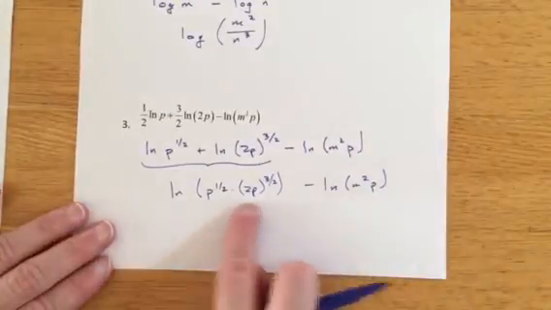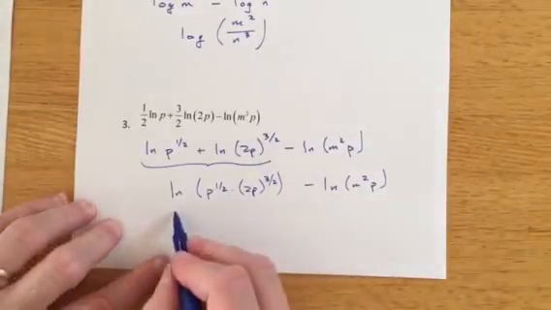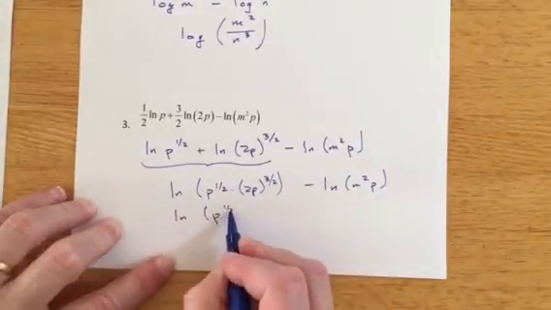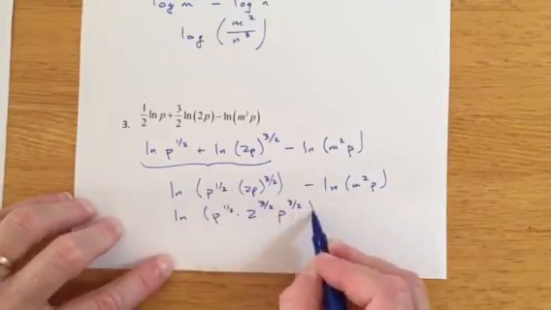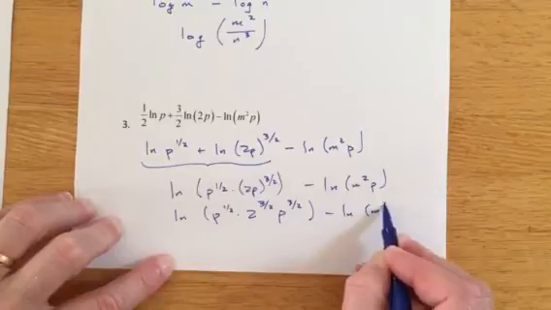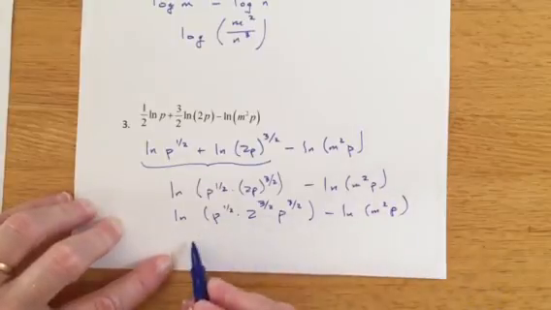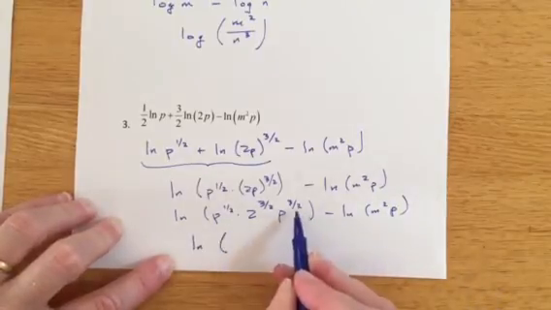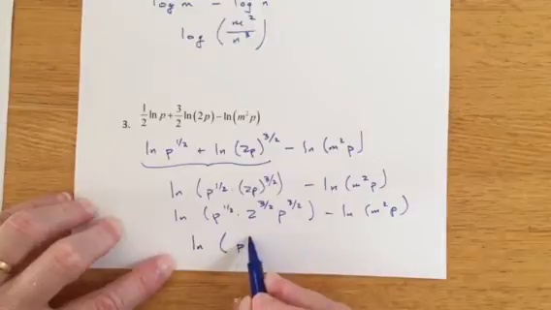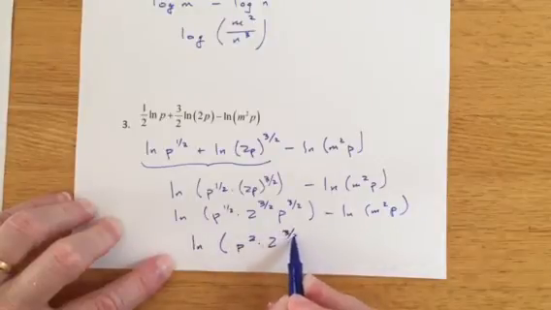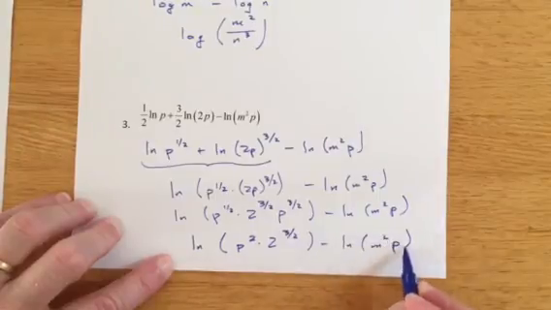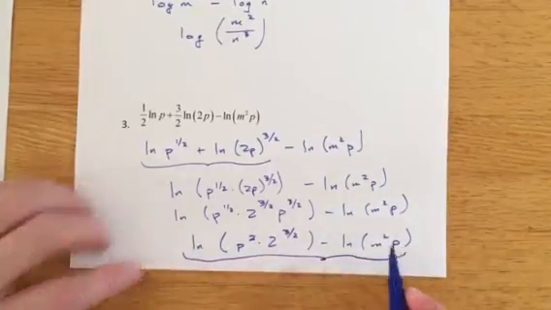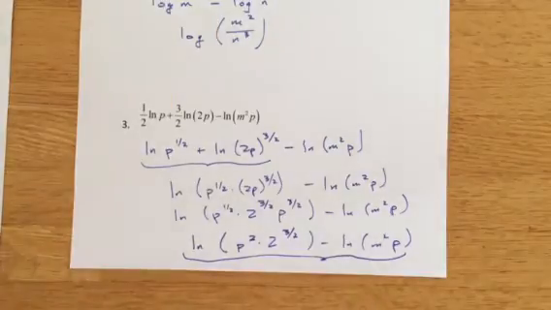I'm going to clean this up a little bit. We got a little bit going on here. So this is p to the 1/2, 2 to the 3/2, and p to the 3/2. So I combine those p's. So 1/2 plus 3/2 is 2. So it's p squared 2 to the 3/2 minus ln m squared p. And now I can finally combine these two.